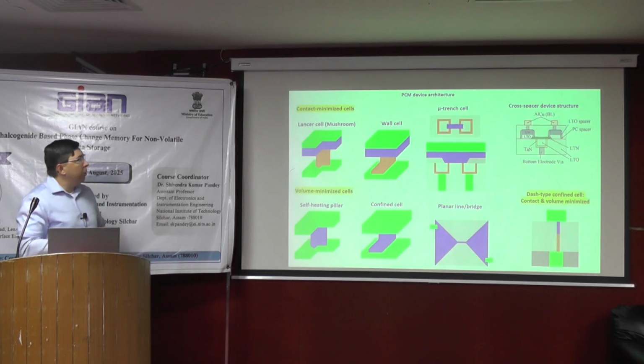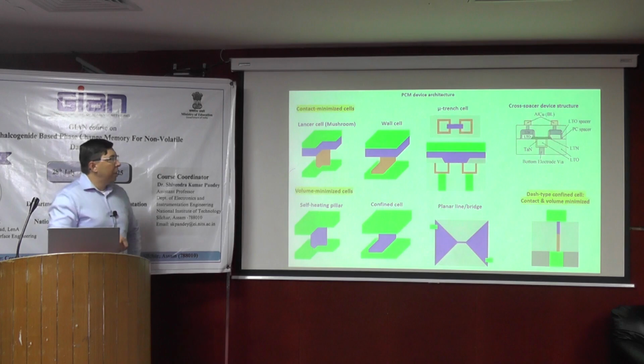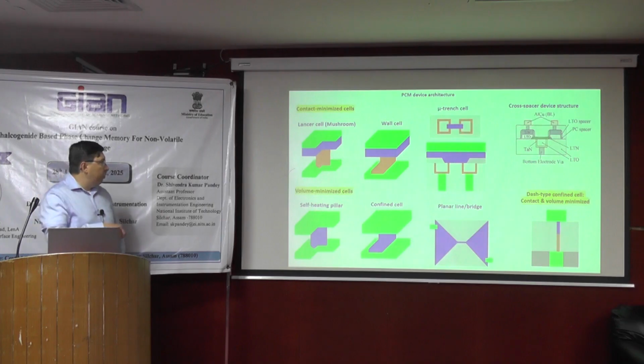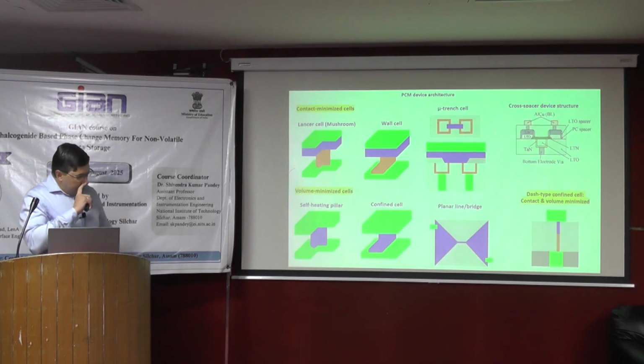In this case there is also a cross-spacer device structure. Here it is actually the same as mid-range, but your heater is connected to both of these small heaters here. In the volume minimized cells, these are self-heated PCMs.